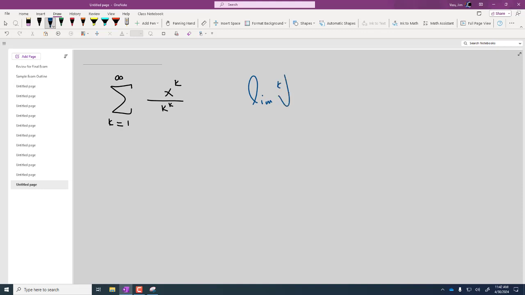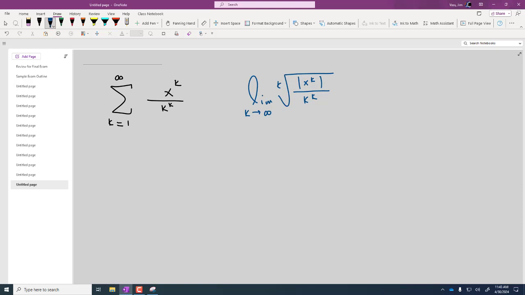So we can take the limit of the kth root of a sub k, and here notation is super important. We are taking the absolute value of anything with an x on it. Okay, absolute value, because x could be negative.